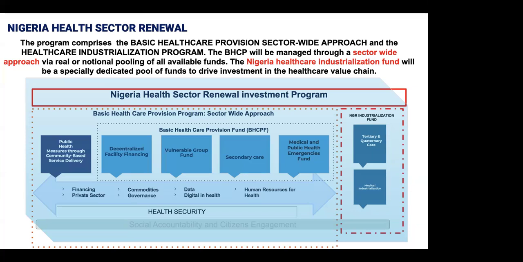Of course, we know that BHCPF also provides for health emergencies and the NEMSAS program. If you look within the ministry, you see a lot of buses that have been donated and procured. The idea is for people to have access to emergency care for healthcare services.